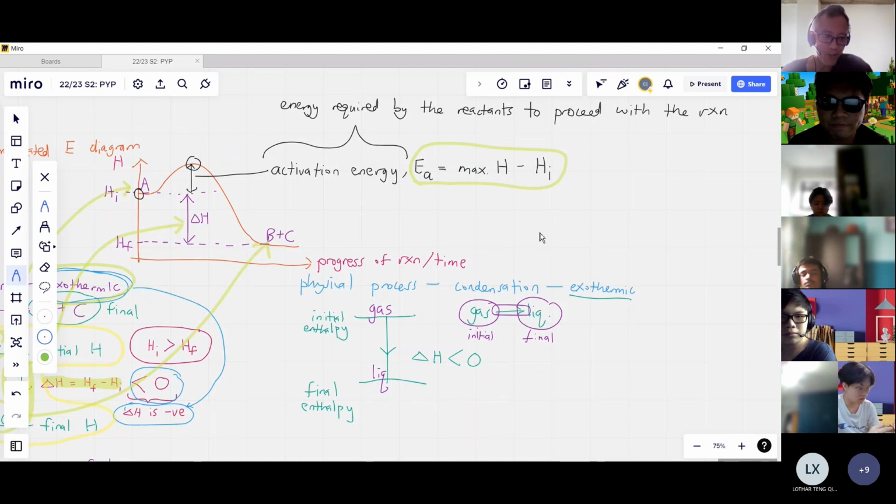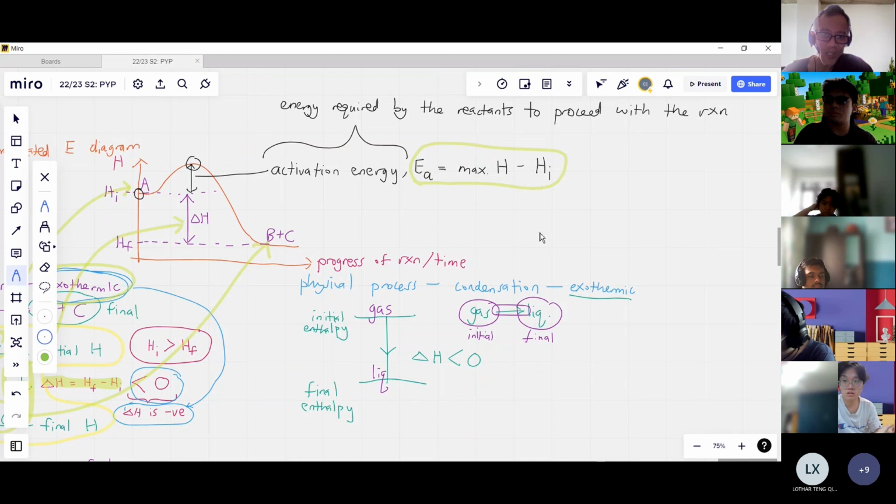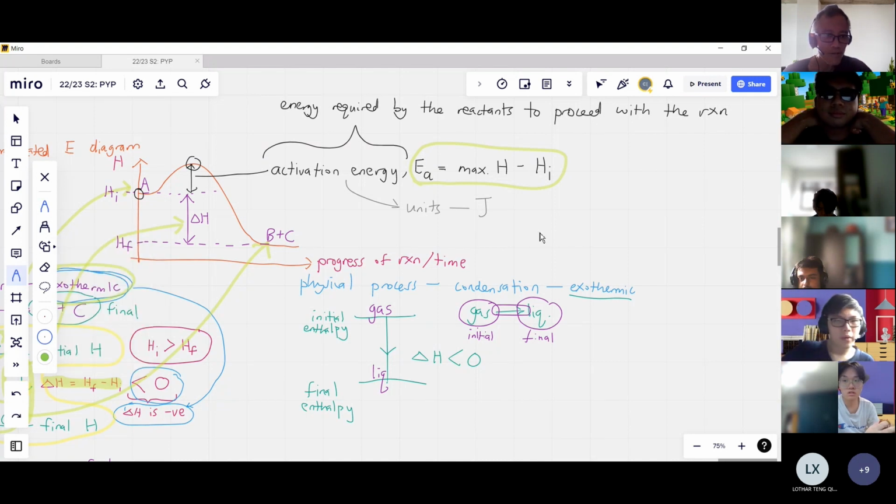Oh, just a small detail here. Probably you realize it, but let me be very sure. Activation energy, of course, the units are joules as well. Okay, it goes without saying. Units should be joule. Likewise, for delta H, units are also joule.